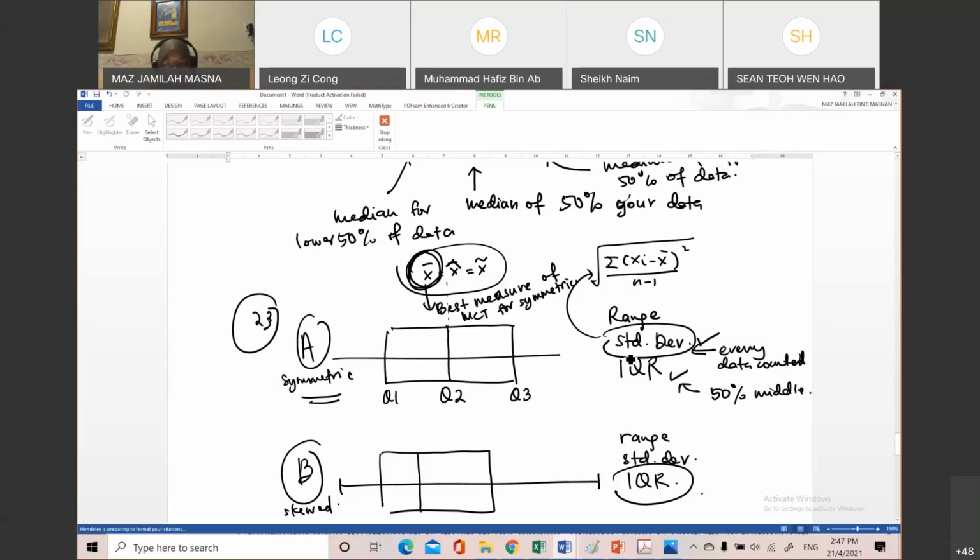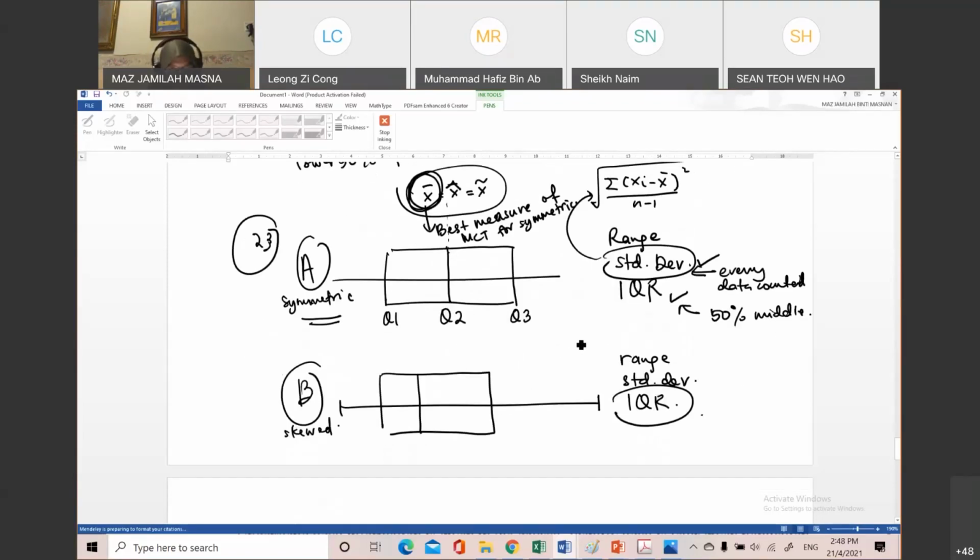But when we are talking about skewed distribution data, definitely standard deviation is no longer your choice, because standard deviation is only for normal or symmetric distribution data. Is it range? Imagine you are talking about the range, the minimum value to the maximum value. If there are points which are very large or very small, it will affect your range.